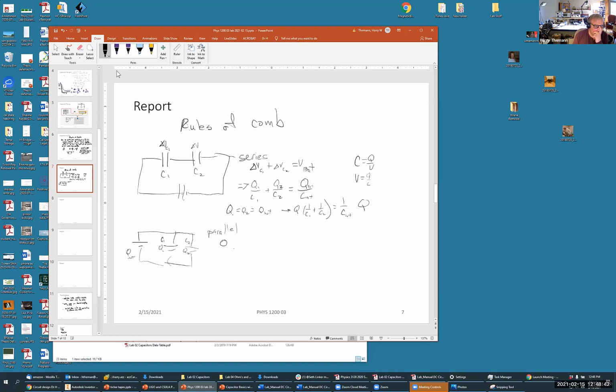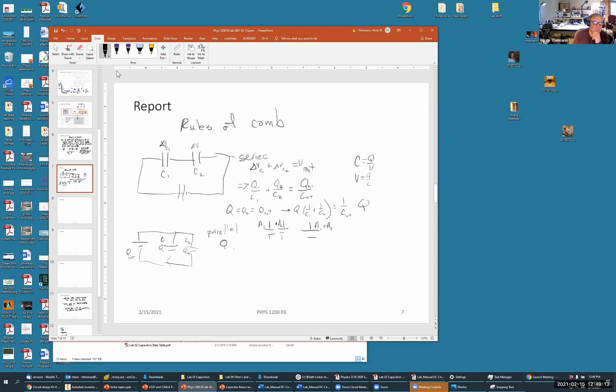So for the parallel plate, I didn't say this the other day, but the justification is that there's nothing wrong with just saying now this one has area 1 and this is area 2, so the total is area 1 plus area 2.